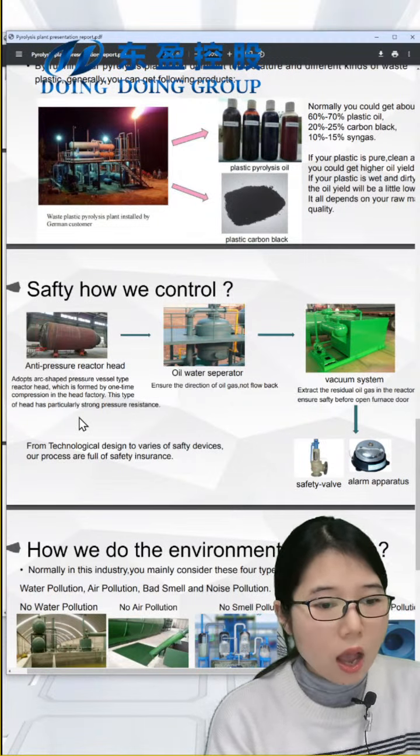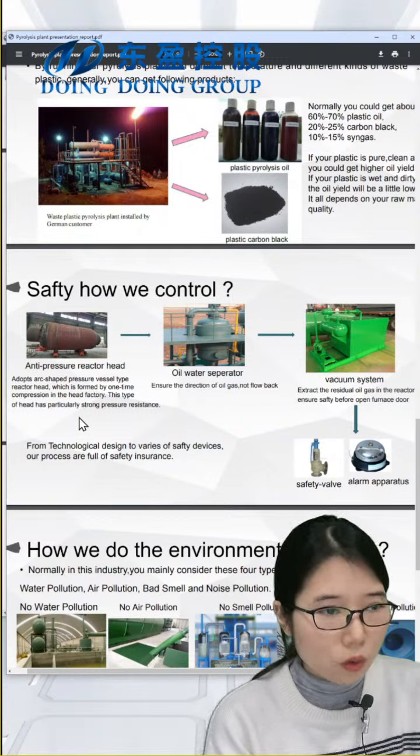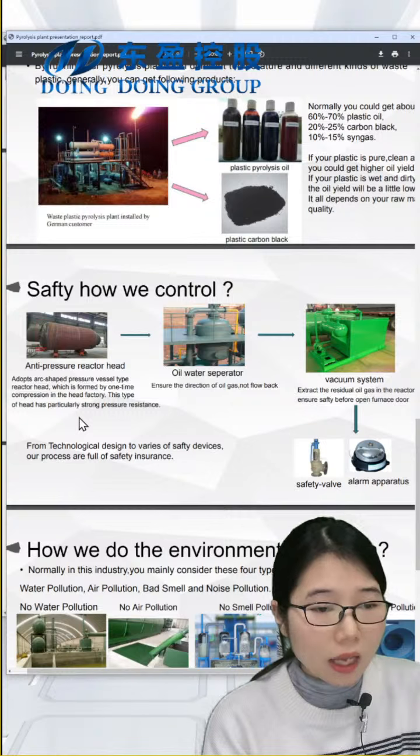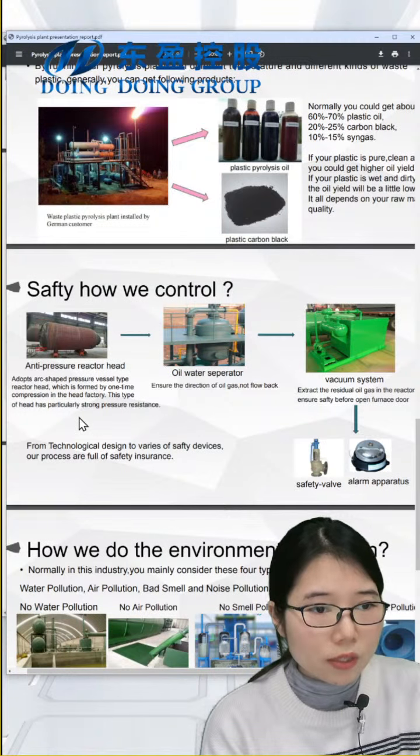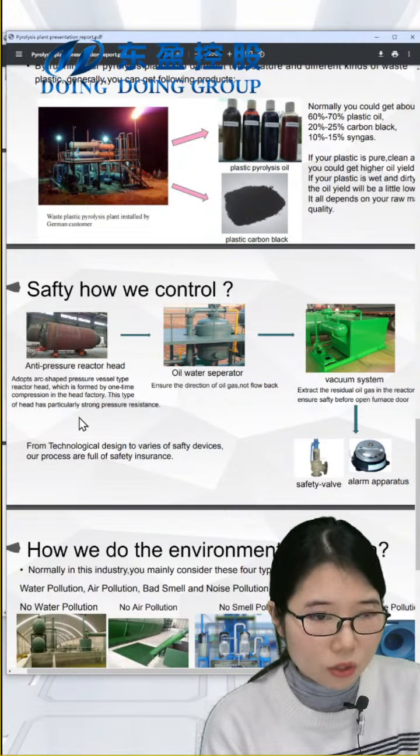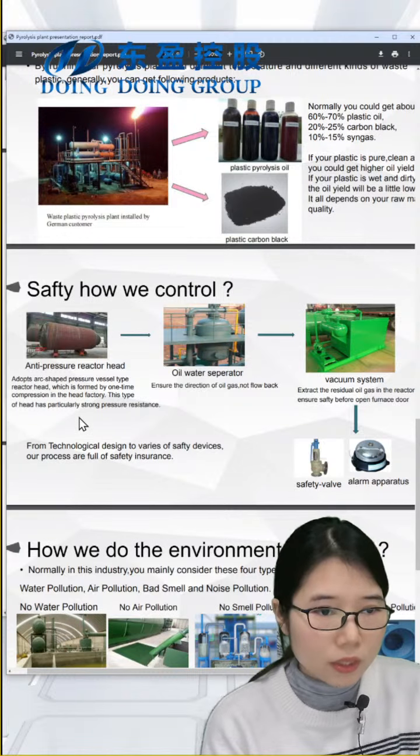And also, after discharging the carbon black, we need to open the furnace door to start another batch, but to ensure there's no residual oil gas in the reactor, we also use a vacuum system to push the residual oil gas into the cooling system for cooling.